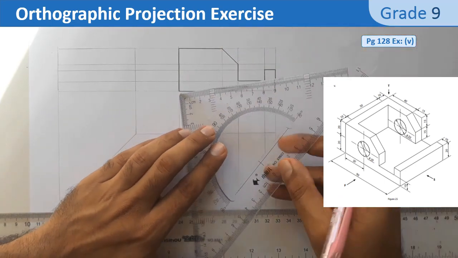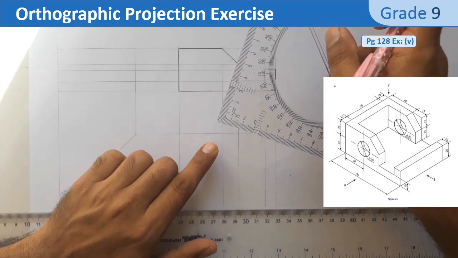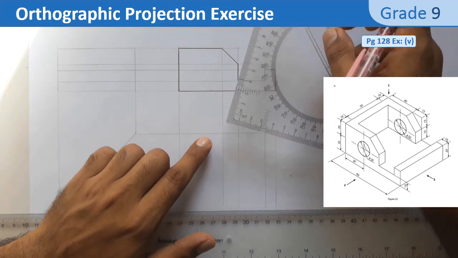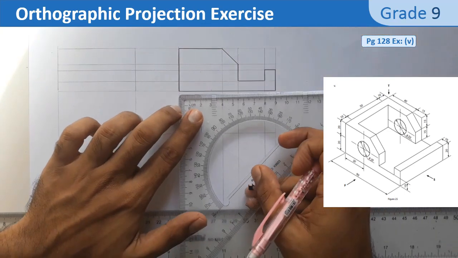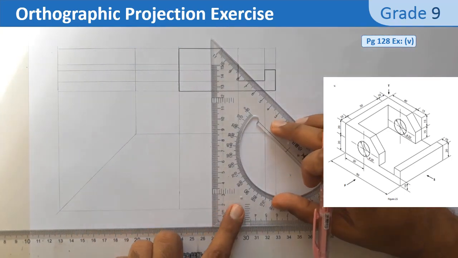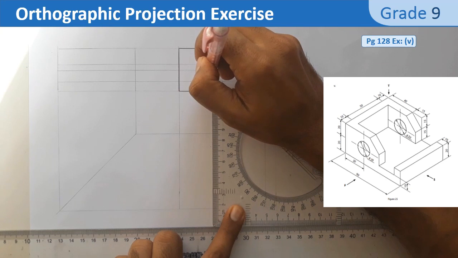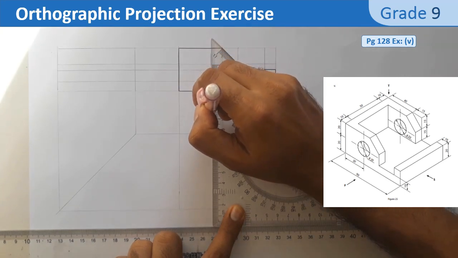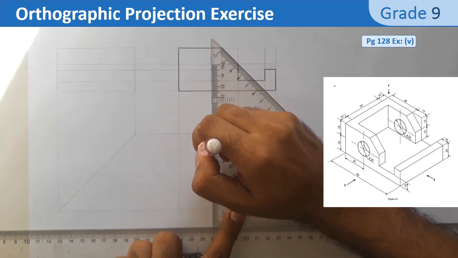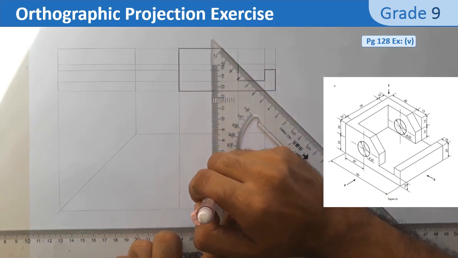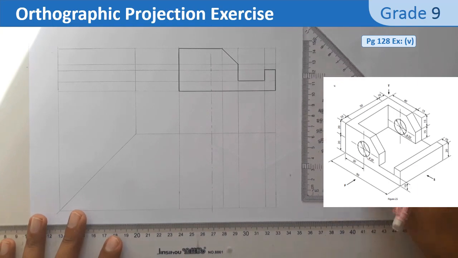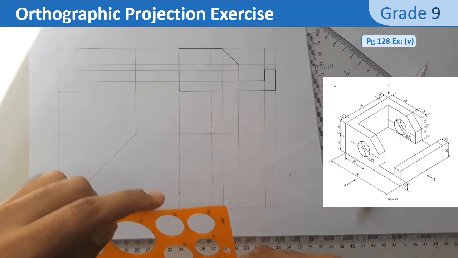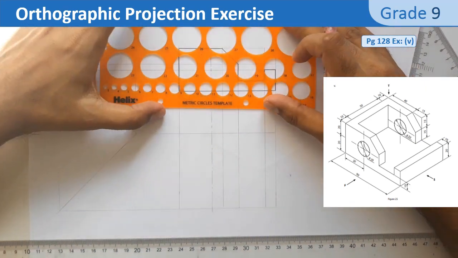For the circle, don't forget to draw the center line first. Part of the center line will also reach the top view and side view.